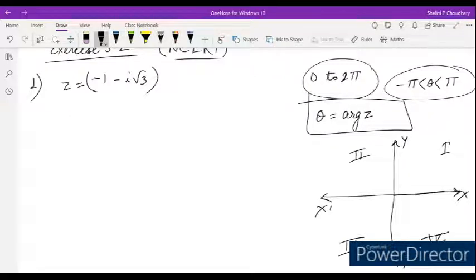Now cos theta depends on the x-axis. It means x is positive this side and x is negative this side. So in the first quadrant and the fourth quadrant, in both the quadrants cos will be positive.